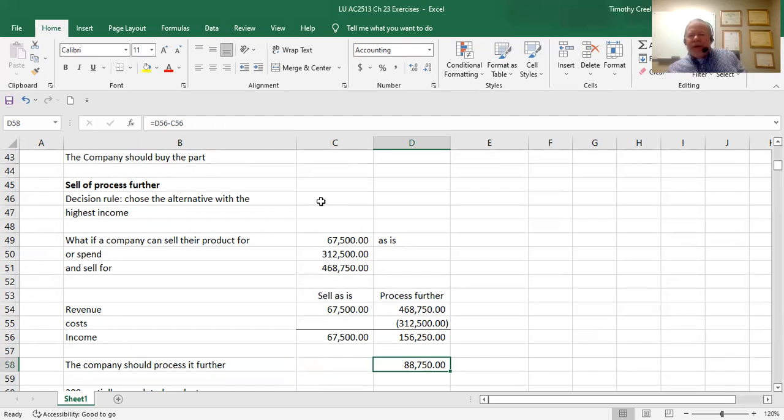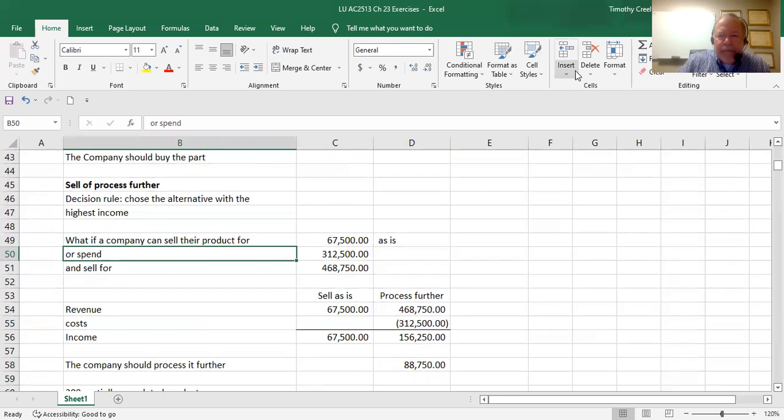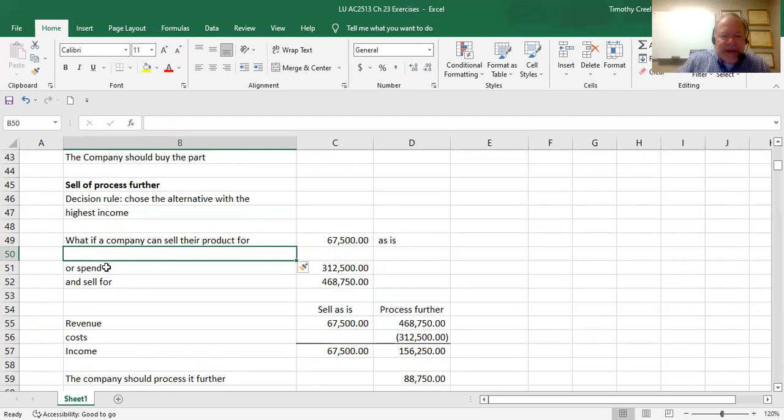Now, a couple of things I want to say about problems like this. One is that there's typically a cost to get the product to the condition to sell as is. So like in this example here, let me add in a line. Let's say that they can sell as is for 67,500.